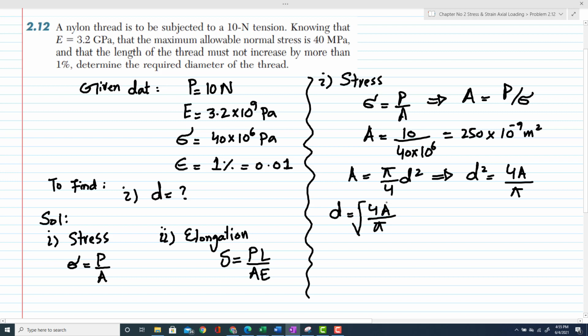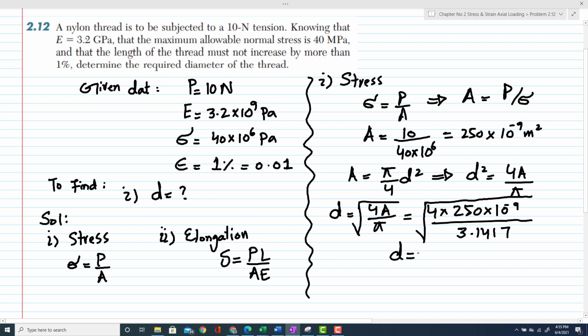Now putting the value of A, 250 times 10 raised to the power minus 9, divided by 3.1417, when you calculate this, you will get the value of D, that is 0.564 millimeter. So we have calculated the value of D using the stress criterion.